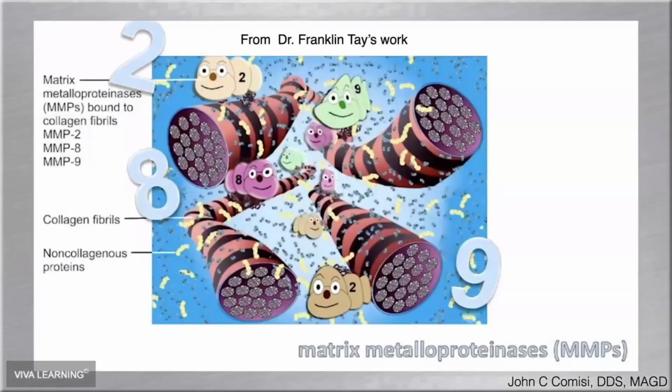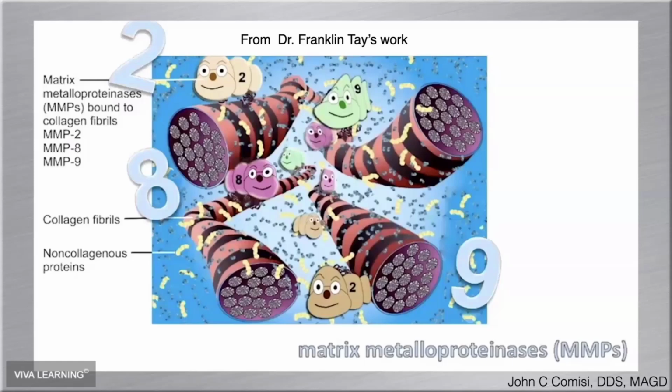And again, this is from Franklin Tay, a lecture that he gave a while back, talking about the various types of matrix metalloproteinases that are present. MMP2, 8, and 9 are always in the collagen fibrils. They will actually use the collagen fibrils and destroy them when they get activated.